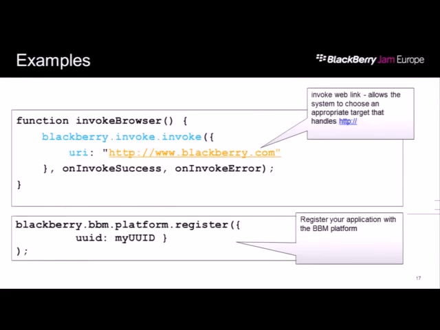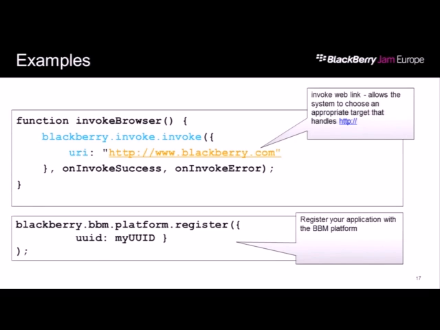I wanted to give you a quick example of what some of these APIs look like, and we're not going to get too in-depth here, but this is a very straightforward example of our invocation framework. We showed quite a bit of that in the keynote today, which you probably saw in terms of the share framework. Sharing is a specific example of invocation. Invocation is how applications interact with each other on the BlackBerry 10 system.